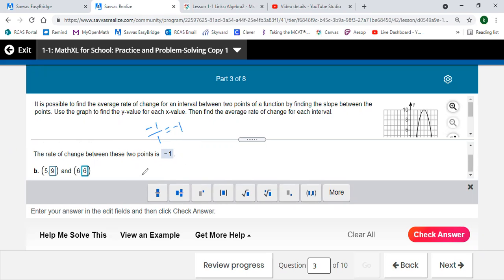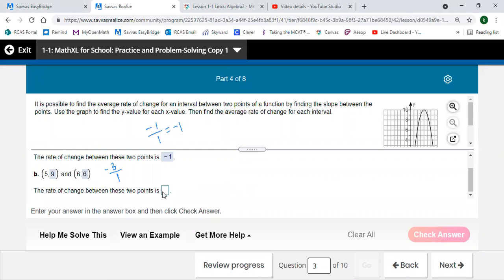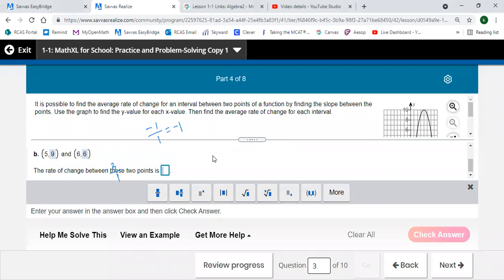So that's down 3. And my x went from a 5 to 6. That's just 1 again. So what's that slope going to be this time? -3.